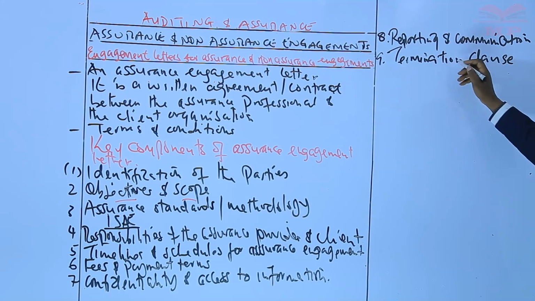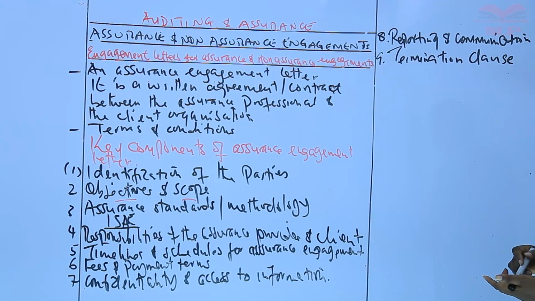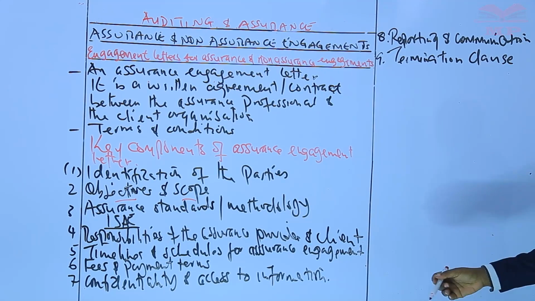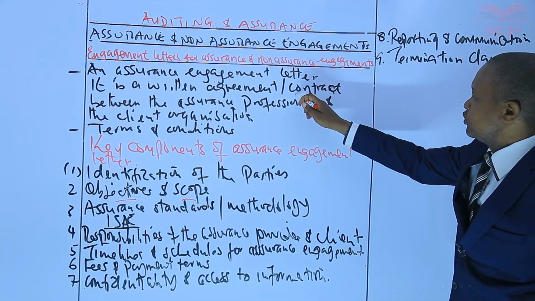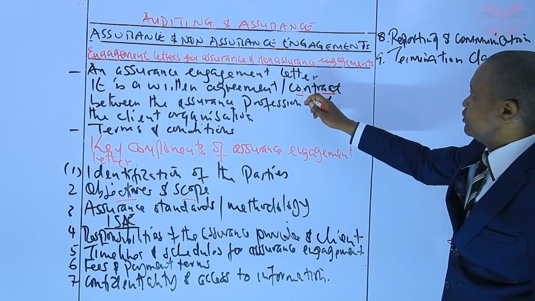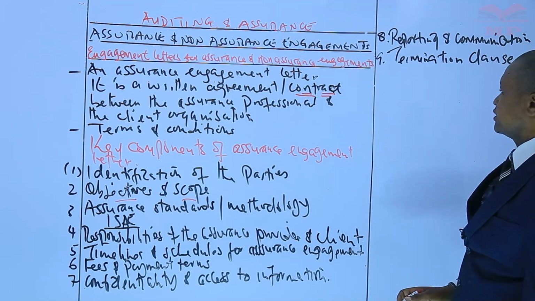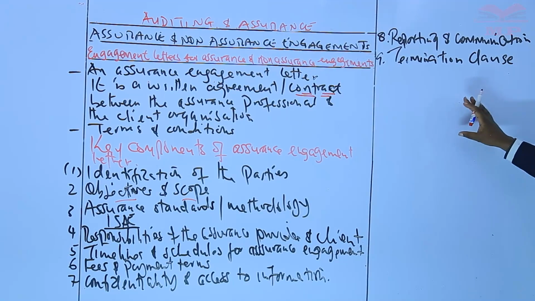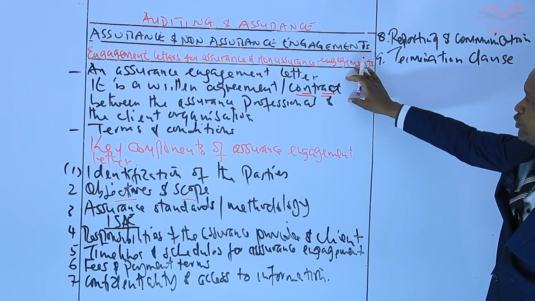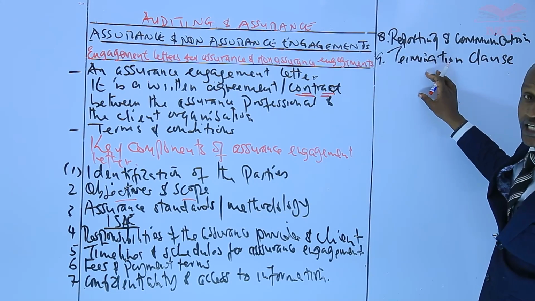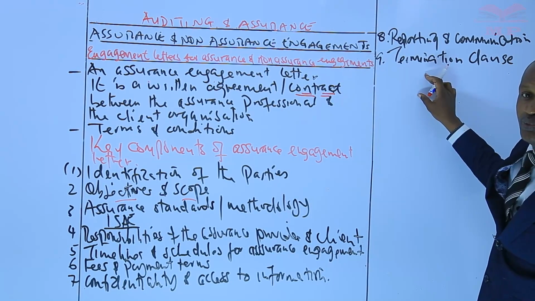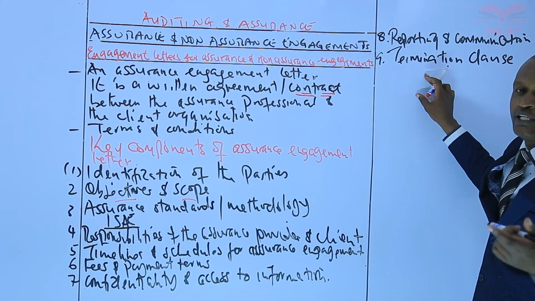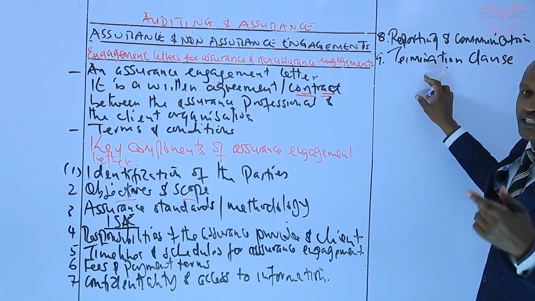Because you said at the beginning, an assurance engagement is a contract. And when entering into any contract, there has to be a termination clause, because the parties come into an agreement willingly. Then there has to be a termination clause which specifies the conditions under which either party can terminate the assurance engagement.